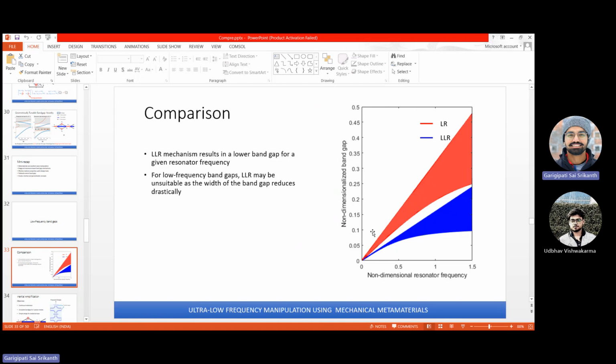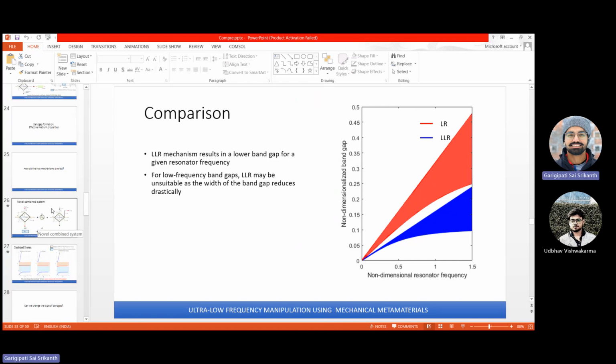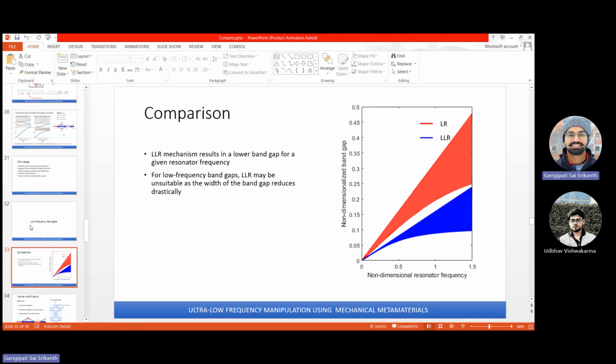So the aim of obtaining low yet broad band gaps is what drives the research in this area. Another thing, maybe I'll cover that later.